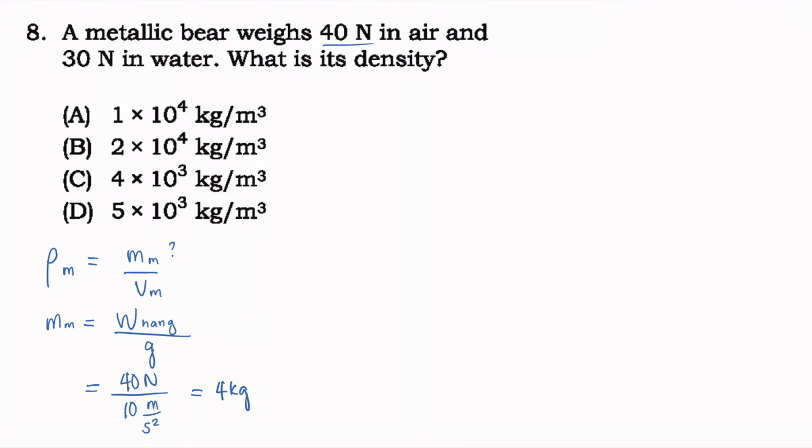And then, yung Archimedes' principle na sinasabi ko, buoyant force is equal to the weight of the displaced fluid, which is equal to 40 Newton na nasa given minus 30 Newton. Equal yan sa 10 Newton.